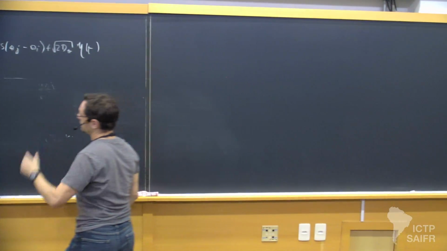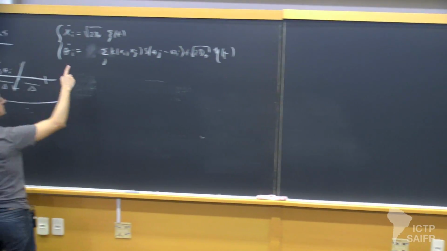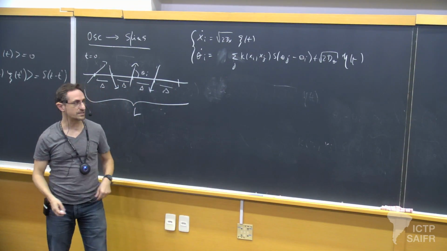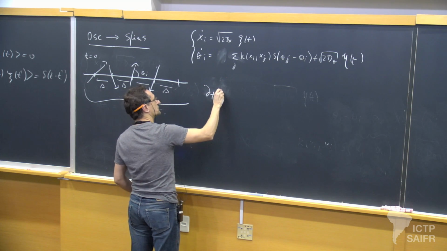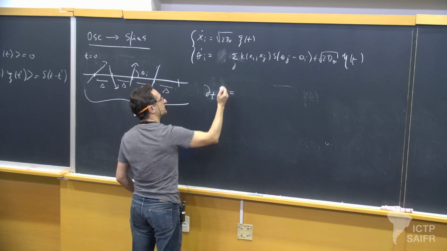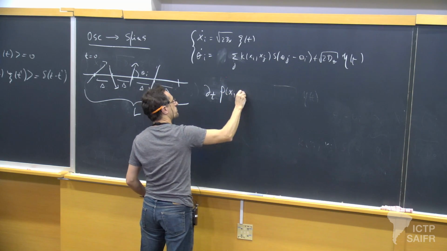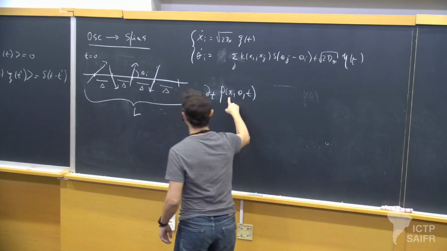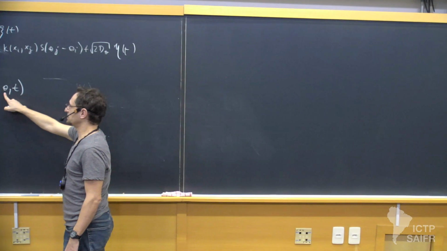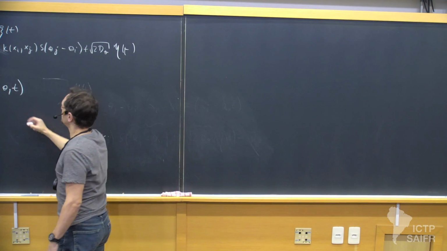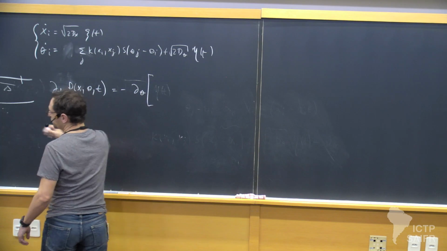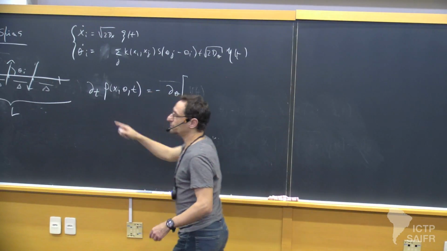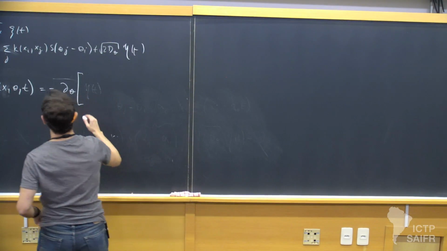Now the associated Fokker-Planck: I have 2 degrees of freedom, x and theta, and it goes this way. This is the probability of finding a particle in position x with orientation theta, or the spin, at time t. If you follow that recipe for each component, you will write what I'm writing.